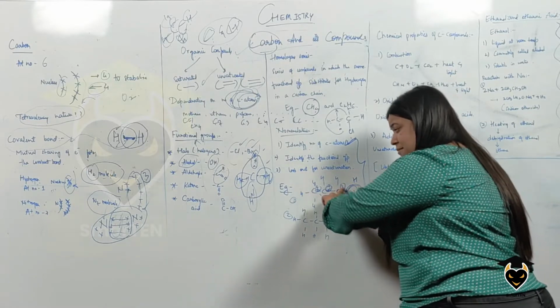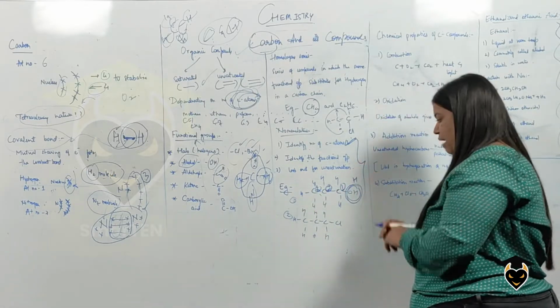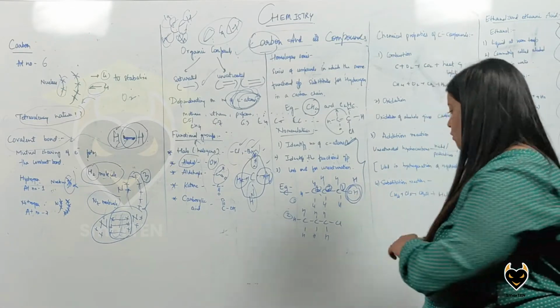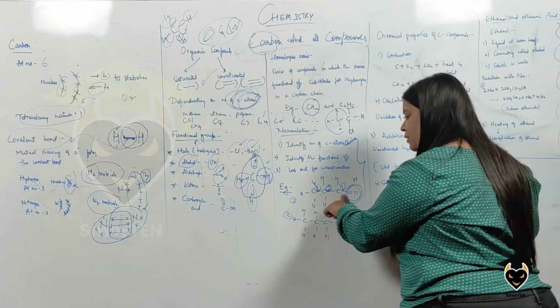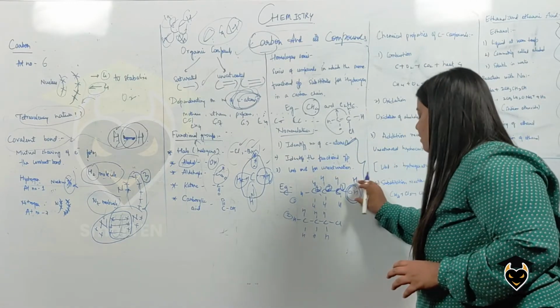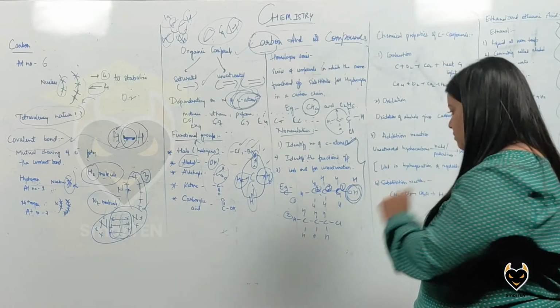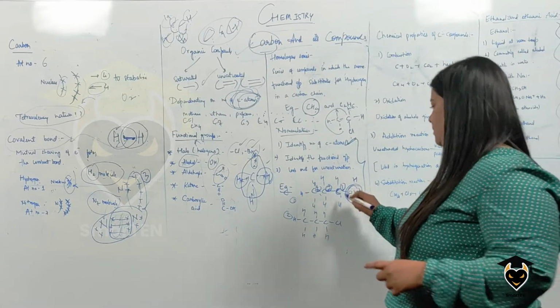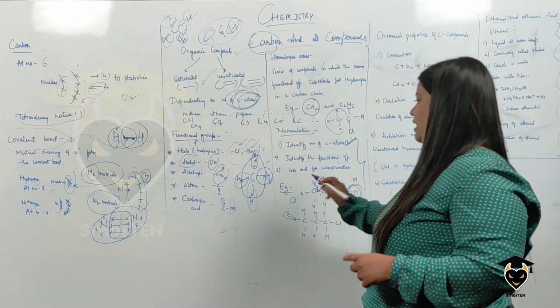Numbering from either this side or this side, it doesn't matter. But now there's a functional group, so I have to prioritize the functional group. I have to number the carbon atoms in such a way that the carbon atom with the functional group gets the lowest number. Which means this carbon atom has the functional group, so I have to start numbering from here. So go 1, 2, and 3.